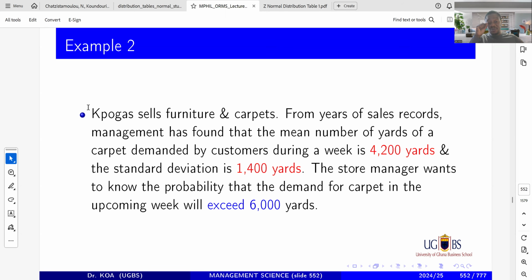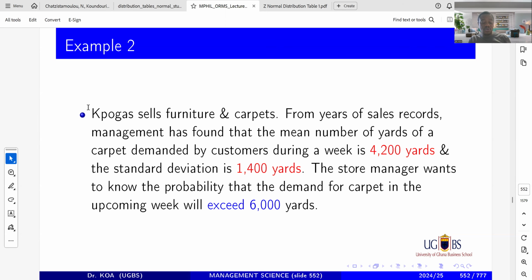Well, from years of sales record, management have found out that the mean number of yards of carpet demanded by a customer during a week is 4,200 yards of carpet, and there's a standard deviation of 1,400 yards.